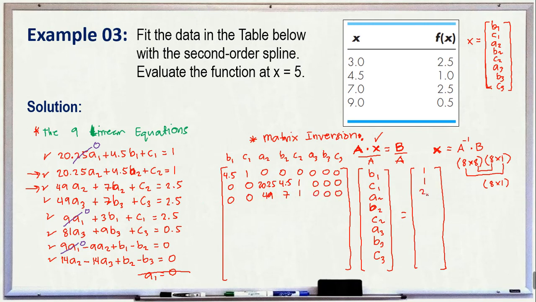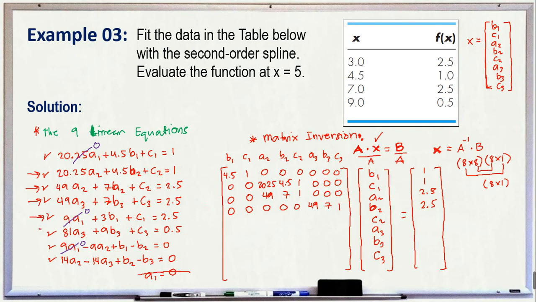The constant is 2.5. For the fourth, we don't have B1, C1, or A2, B2, C2, but we have A3, 49. What else? B3, 7, C3 is 1. And then the constant is 2.5.